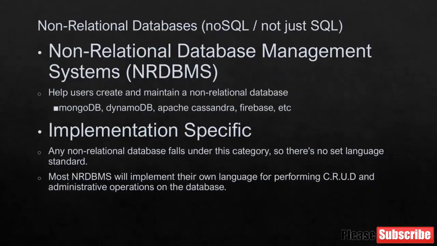Then let's learn about the non-relational database, which is NoSQL, not just SQL. A non-relational database management system helps users create and maintain a non-relational database. The software or services you can use for non-relational databases are MongoDB, DynamoDB, and Apache Cassandra, and also Firebase. There are a lot of these, but you can use these couple of software or services to run your non-relational database.